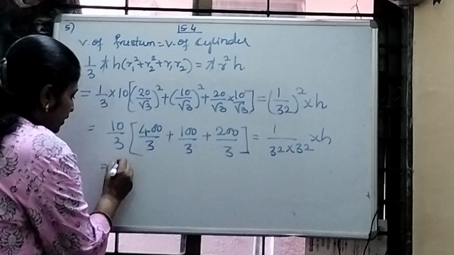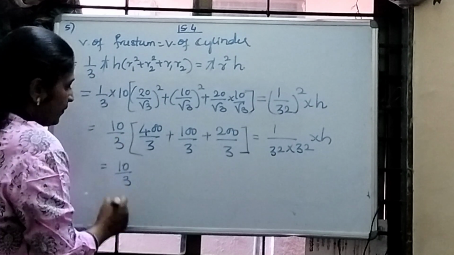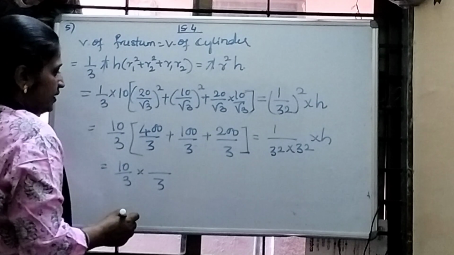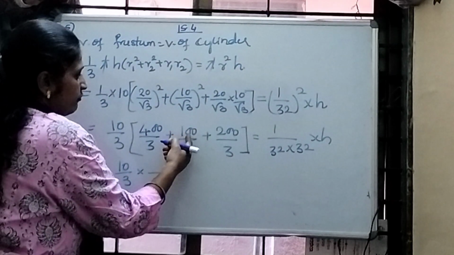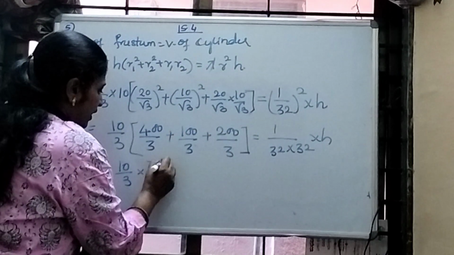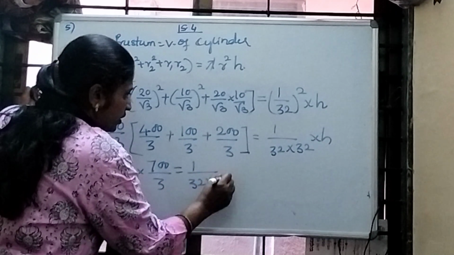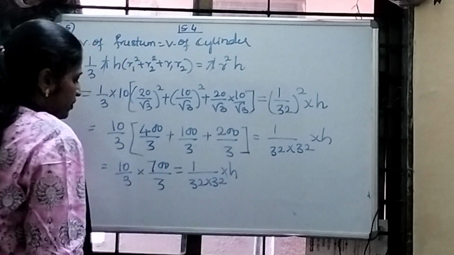Now 10 by 3, so overall it will be 3 in the denominator because all the denominators are same. 400 plus 100 plus 200 is 700, equal to 1 by 32 into 1 by 32 into h.